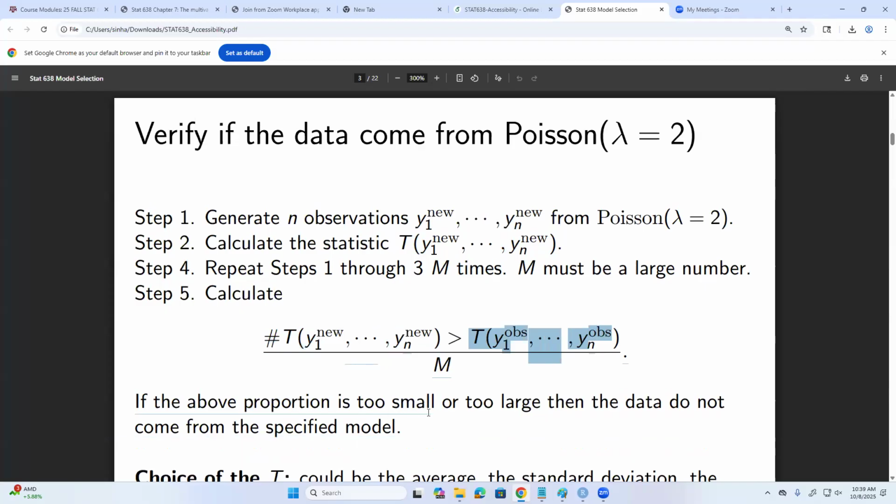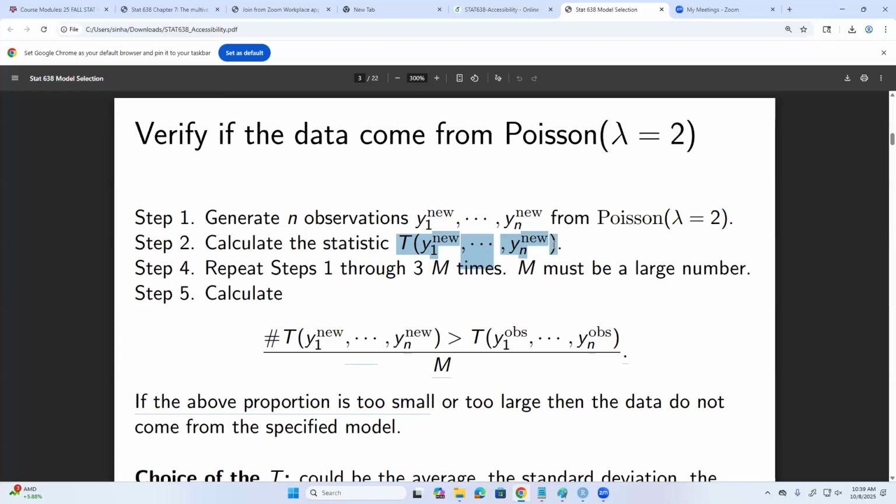If the above proportion is too small or too large, then the data do not come from the specified model. So what happens? If the data come from this model, then you would expect the statistic that you calculate from that distribution to be somewhere close to what you calculate based on the observed data, because the observed data is a random sample of that same population.